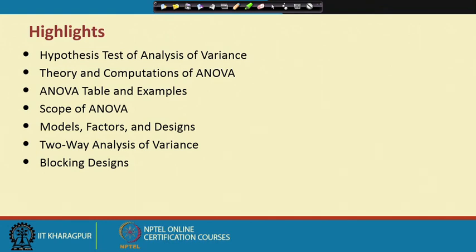Of course, we have already discussed the concept of ANOVA tables with examples, but here the process is a little bit more complex, with multiple samples. Then the scope of ANOVA and the extended versions of ANOVA, that is models, factors and designs, then two-way analysis of variance, and finally block designs.